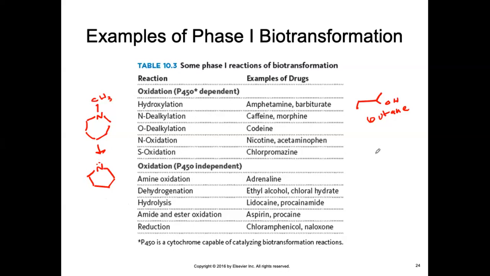O-dealkylation. Right, so you would have an ester of some kind, and that would be a methyl group there. And in the O-dealkylation, you would turn this into ethyl alcohol. Strip this off. You just take it out.